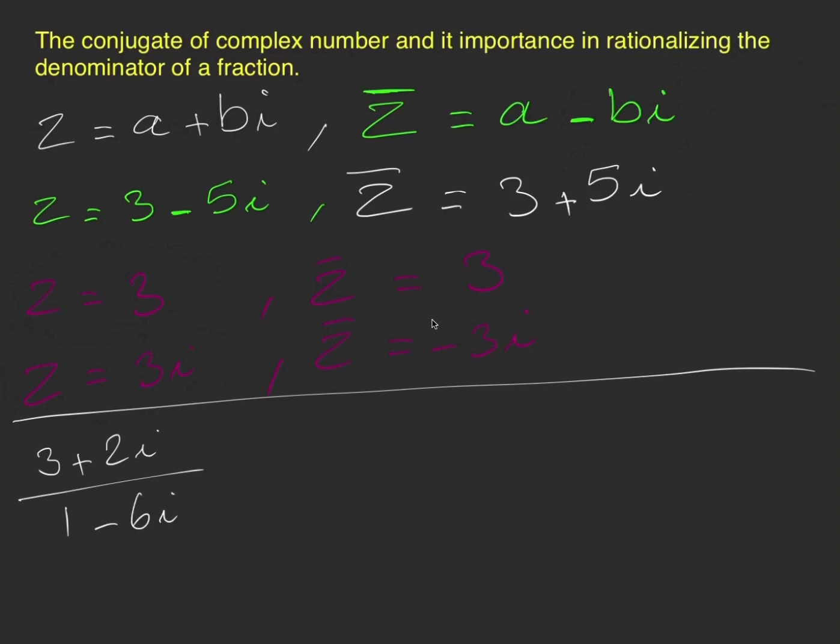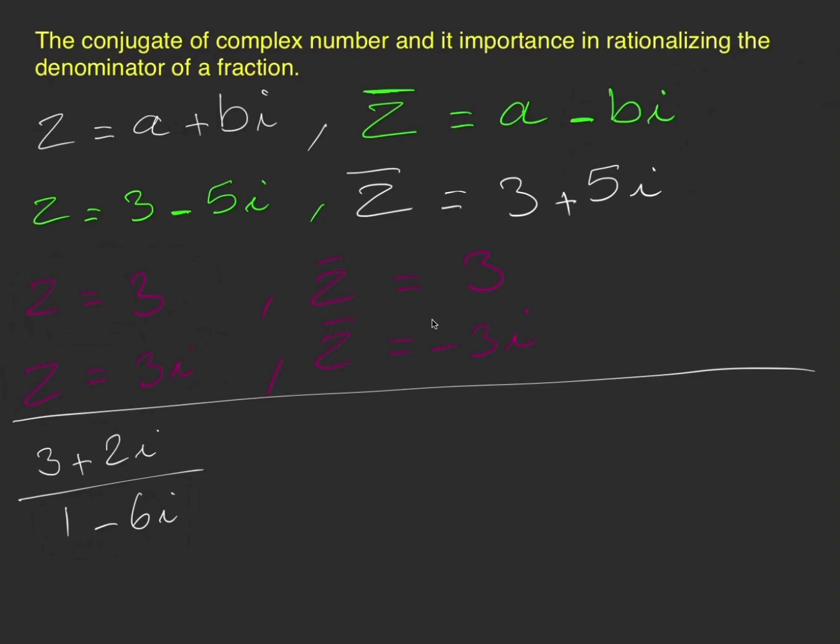We don't like to leave an imaginary number like this in the bottom. We like it to be a real number, because this i is unknown, so how are you going to divide by something you don't even know how much it is? So what are we going to do? In this case, we multiply by the conjugate.